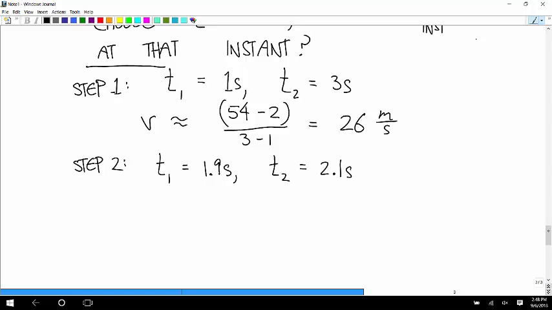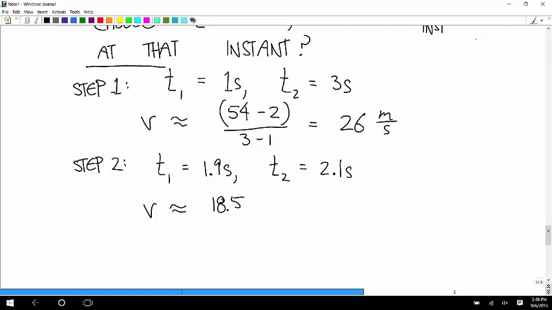Okay, so the instantaneous velocity approximated by these two is, plug those two things in, you get like 18.5 minus 13.7. I think I need more decimal places actually. Anybody have a calculator?